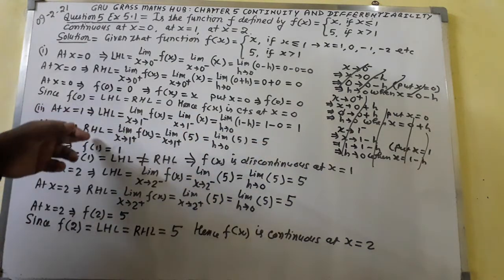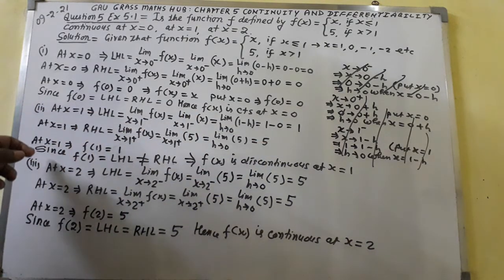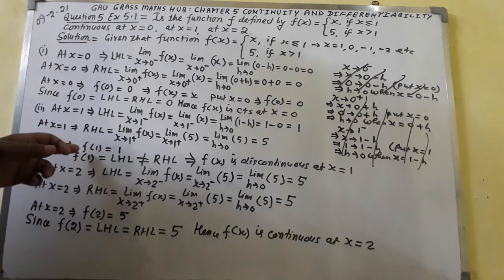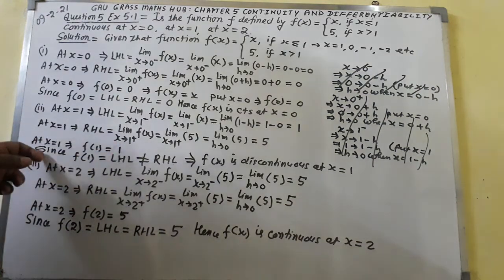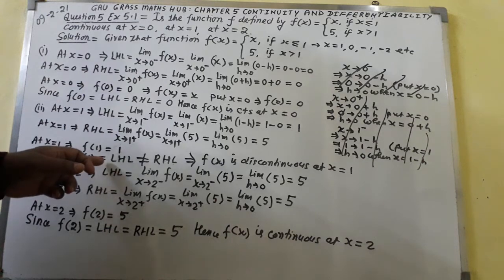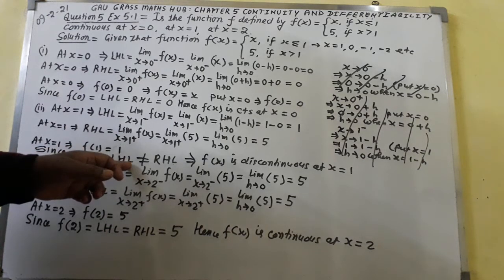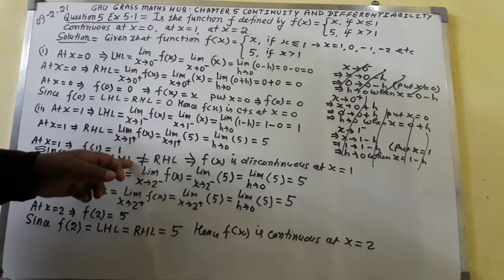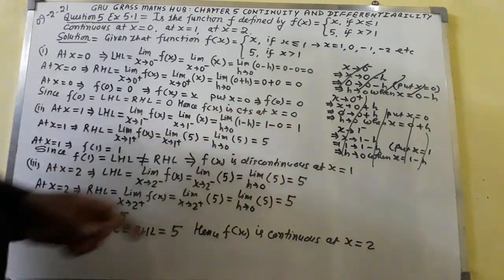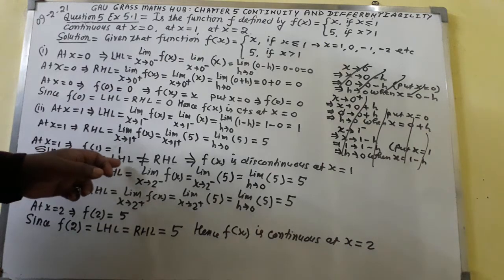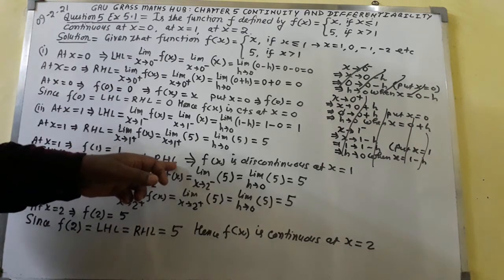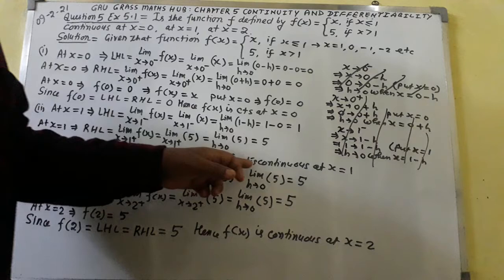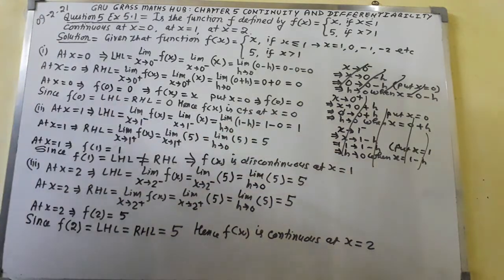So left hand limit is not equal to right hand limit, and f of 1 is equal to 1. Since f of 1 equal to left hand limit is not equal to right hand limit, f of x is discontinuous at x equal to 1.